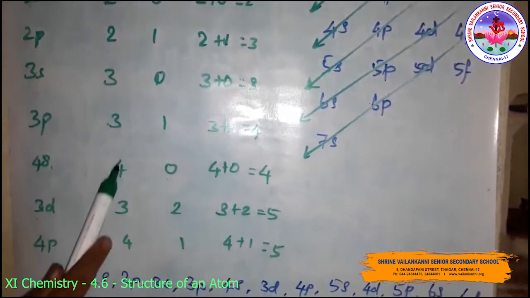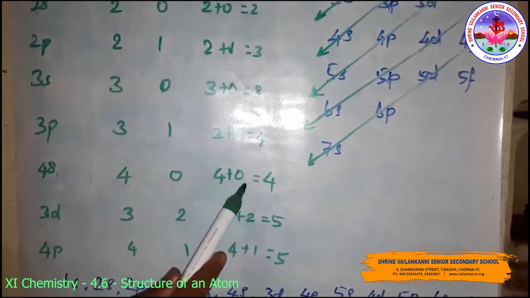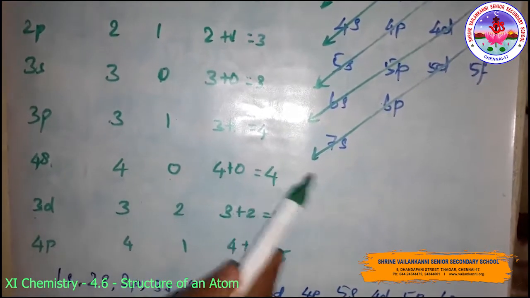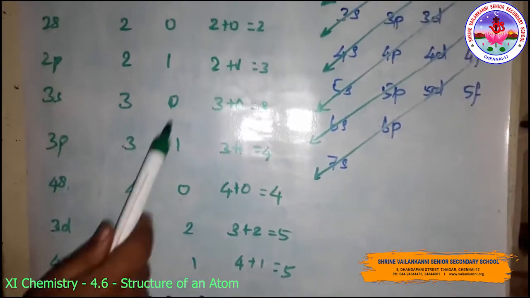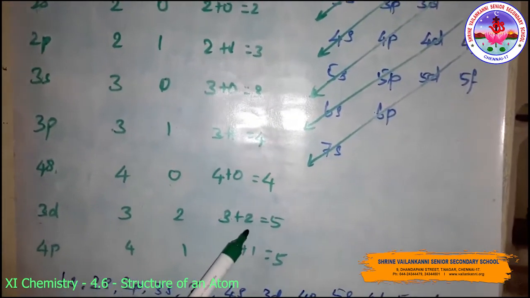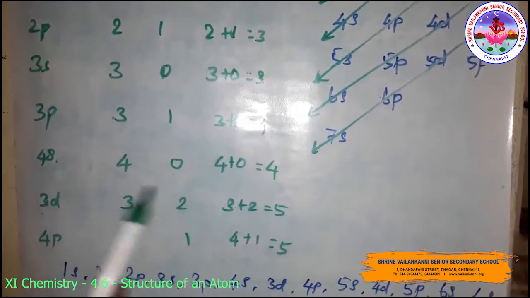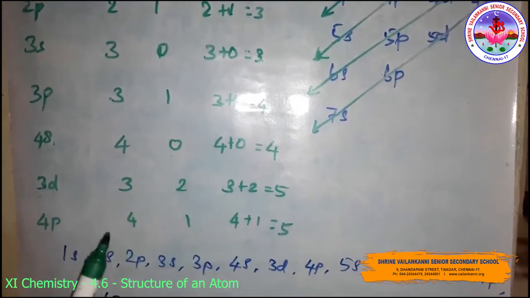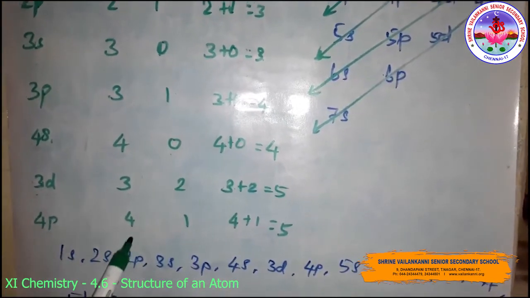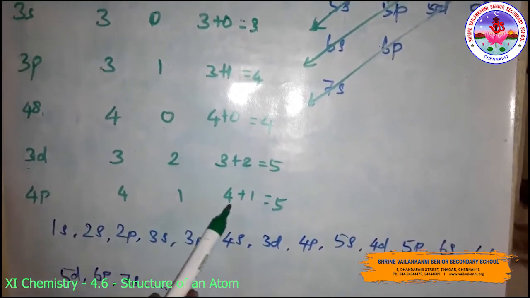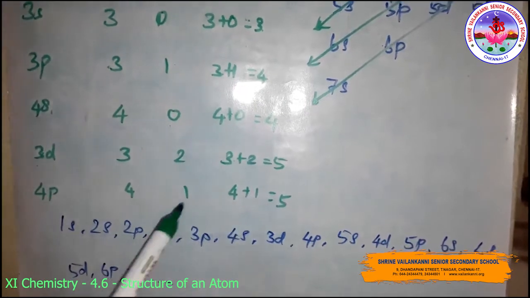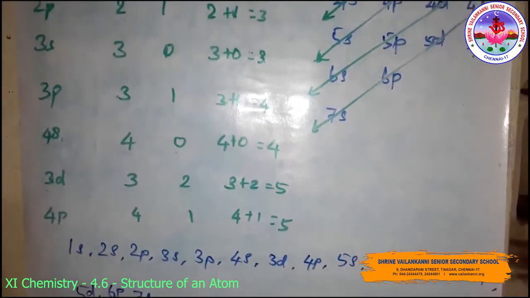For 4s, n is equal to 4, l is equal to 0, so 4 plus 0 is 4. 3d: n is equal to 3 and l is equal to 2, 3 plus 2 is 5. So 3d has lower energy than the 4p. Then 4p: n is equal to 4 and l is equal to 1, 4 plus 1 is equal to 5.